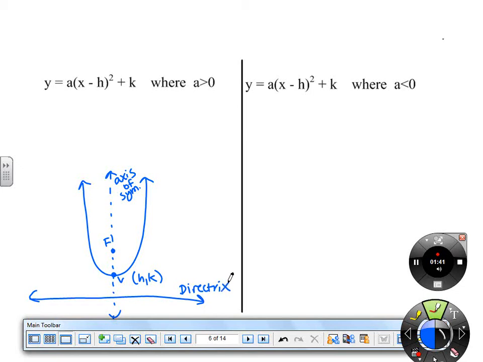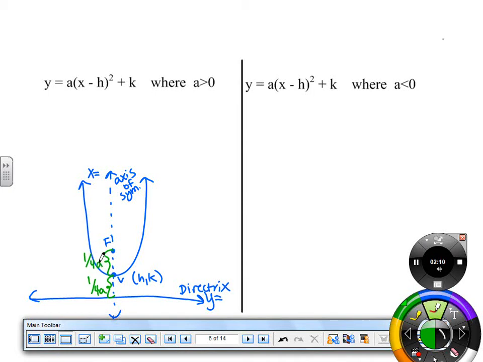And you can see here that since the axis of symmetry is a vertical line, its equation is going to be x equals some number that corresponds with the vertex. And for the directrix, that line is going to be y equals something. And then we can't forget the distance between the vertex and the focus, or between the vertex and the directrix, is 1 over 4a.